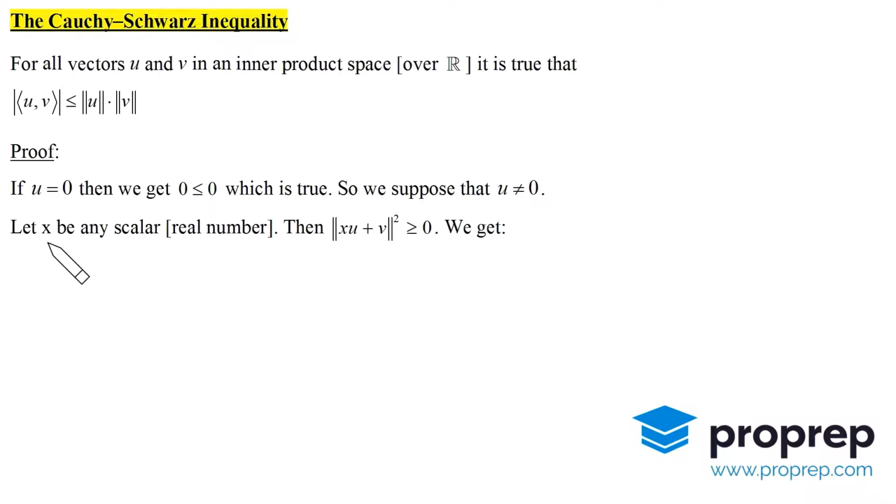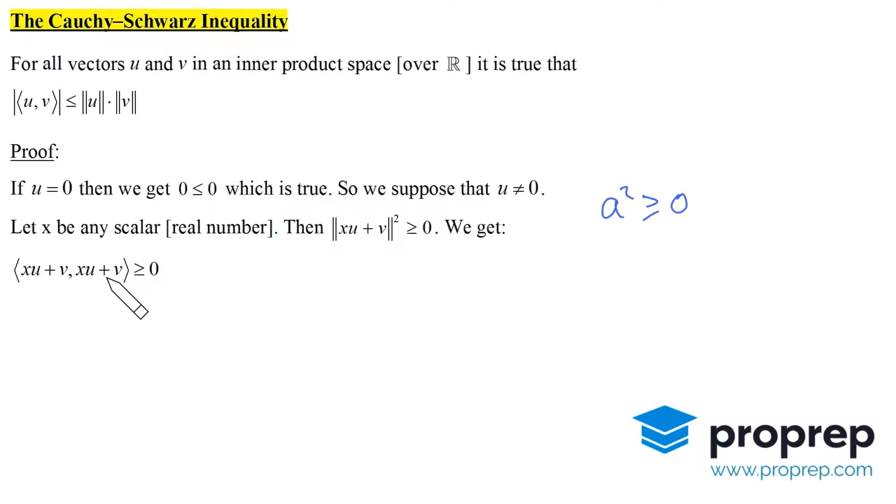Now let's say that x is a scalar, that is a real number, like we said. Then I claim that this thing squared is bigger or equal to 0, basically because anything squared is bigger or equal to 0. So this is a number, the norm, and squared is bigger or equal to 0. Now remember that the norm of anything squared is the inner product of it with itself.